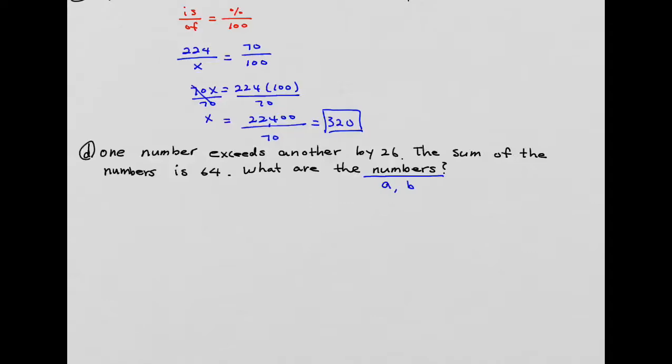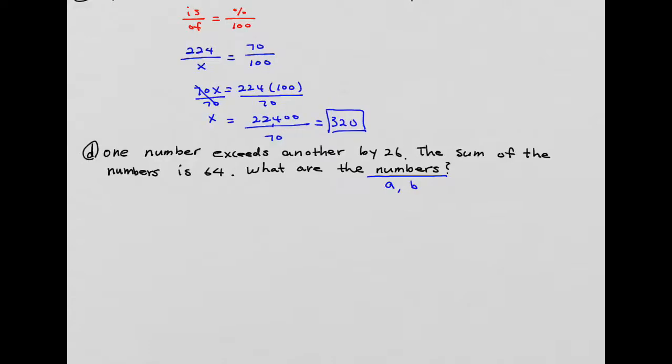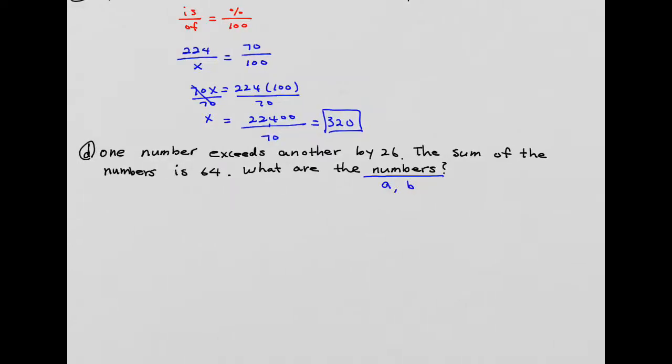So we will say if A is smaller and B is the larger number, then we could say A plus 26 is going to be the B number. Remember, the bigger number is bigger by 26. So that's why you're adding 26 to the smaller number to equal the bigger number, right?